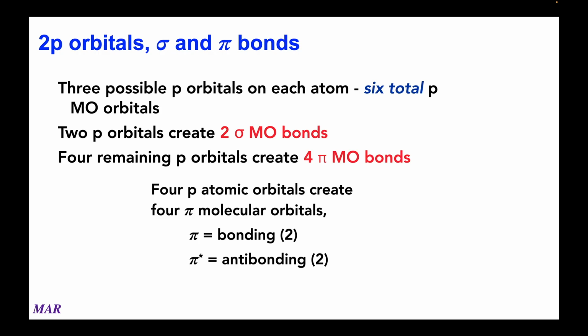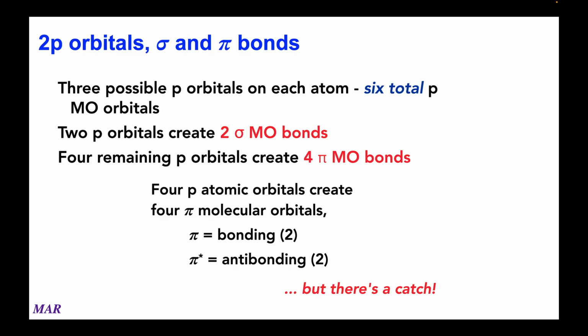And when those 6 molecular orbitals come together for the 2p, they end up making 2 sigma and 4 pi molecular orbitals. Now the sigmas, you're going to have a lower bonding sigma and a higher anti-bonding sigma, and the pi's, you're going to make 2 lower bonding pi and 2 higher anti-bonding pi. So it's kind of weird.